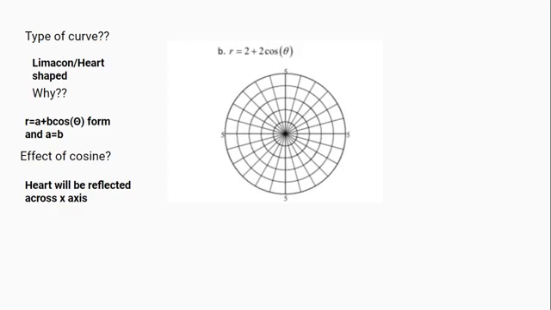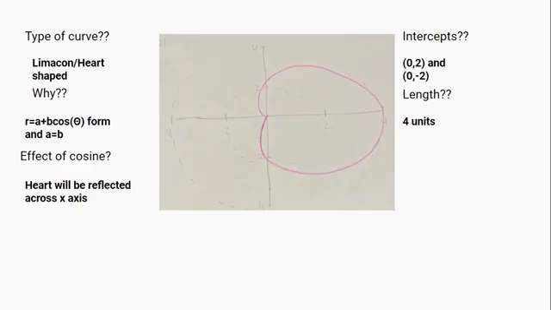Additionally, the intercepts will be at (0, 2) and (0, -2). Those are our y-intercepts. And the length will be 4 units, and we know this because 2 plus 2 equals 4.